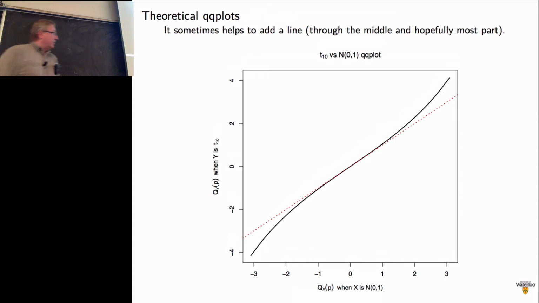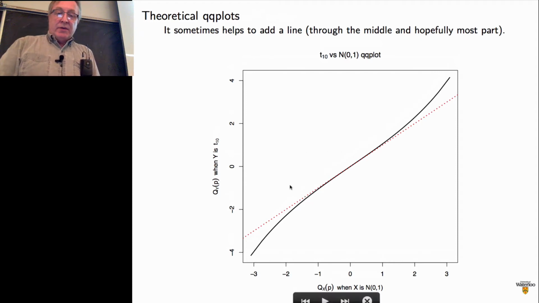What's sometimes helpful is to add a straight line to the plot, one that goes through the middle, mainly here, and gives you some sense of how you can tell that the tail is farther away. If I'm imagining that it's a Gaussian distribution on the horizontal axis, and it was supposed to be a matching distribution on the vertical axis, I'd expect that curve to be closer to this red line.